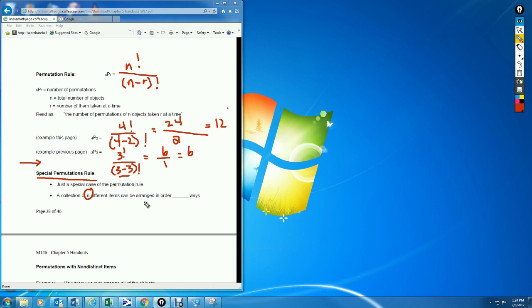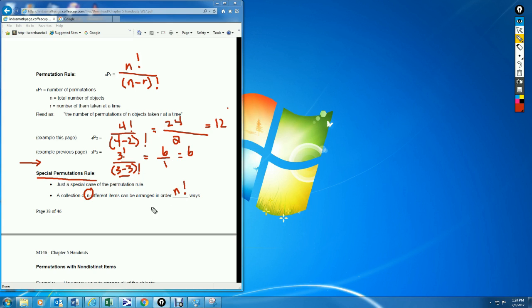In that case, I had 3 letters, A, B, and C, and I wanted to see how many ways to arrange all 3 of them. So a general rule for permutations of n items is that you can arrange them in n factorial ways.